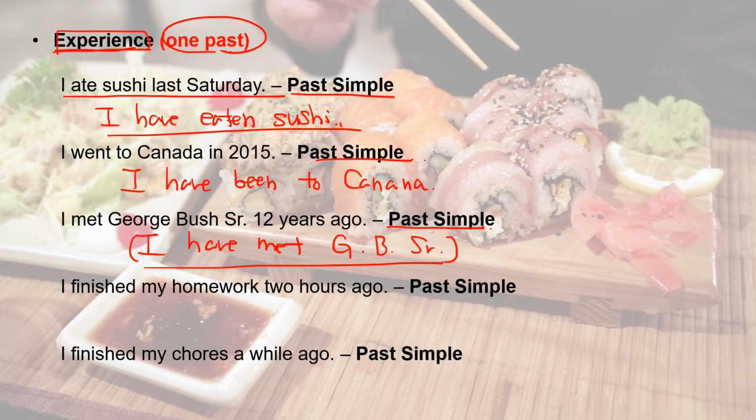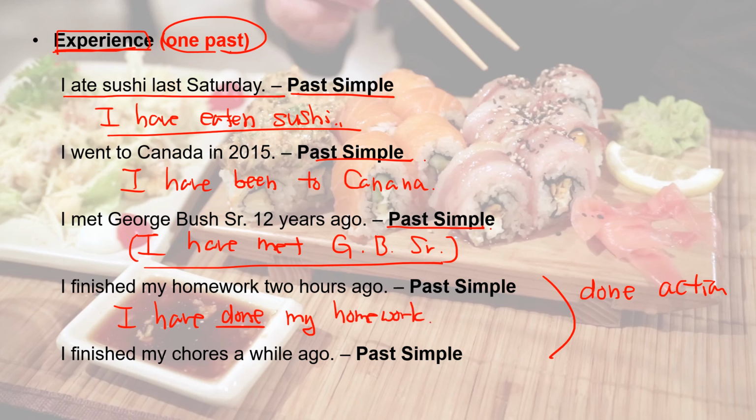And now, these two will be done deal, done action. I finished my homework 2 hours ago. So your mom can ask you, have you done your homework? Yes, mom, I have done. Or I have finished my homework.